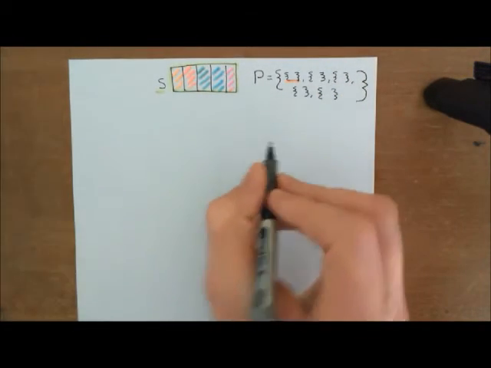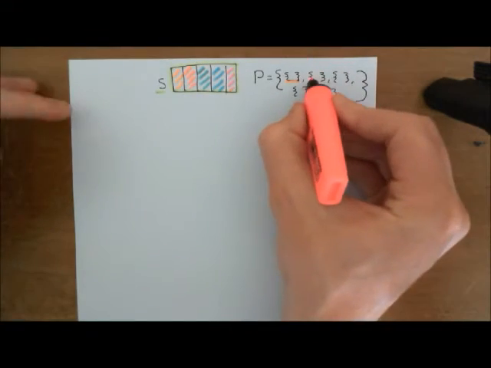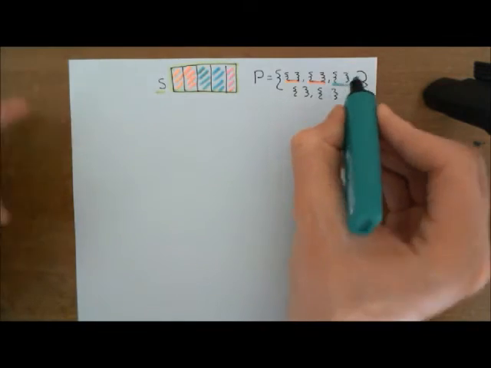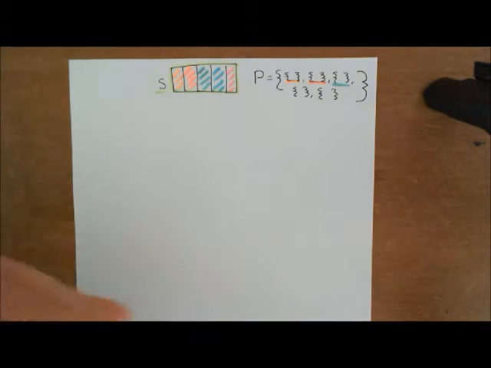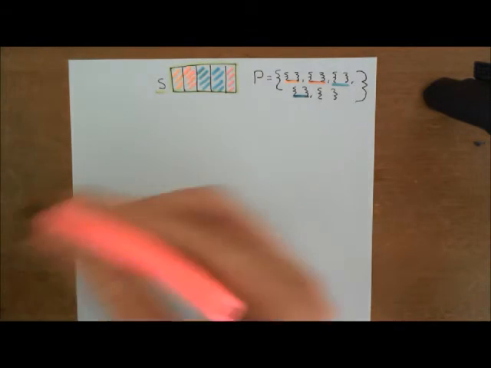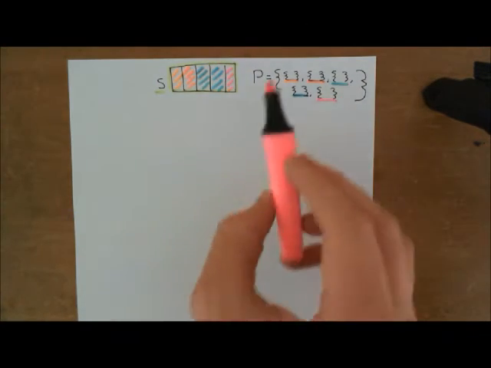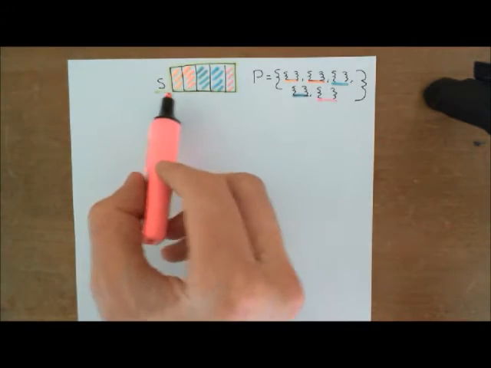Okay, like so. So this one is subset red, here we have subset turquoise, here we have subset blue, and here we have subset pink.